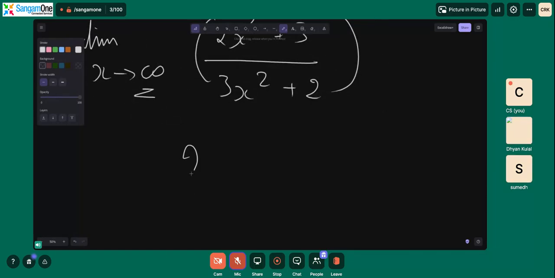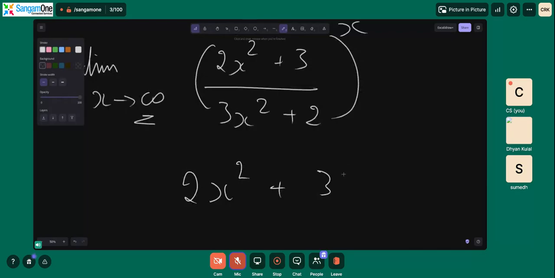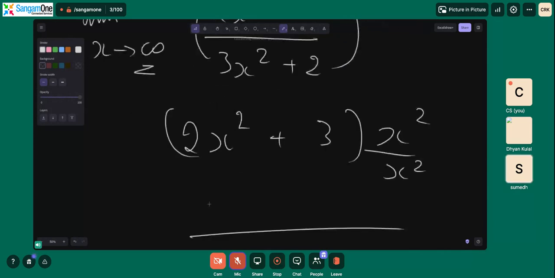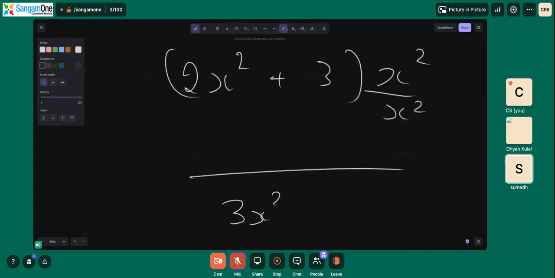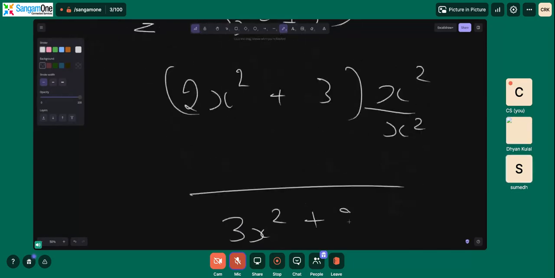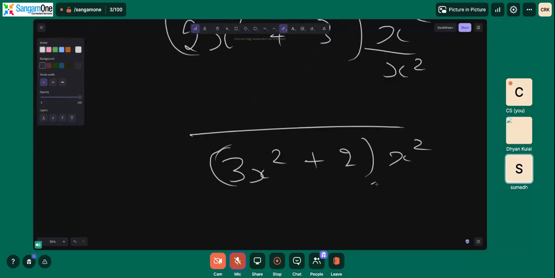So what will happen? 2x square plus 3 is multiplied by x square by x square. Just look at the equation, what I'm doing here. I'm just trying to avoid getting infinity again with the same error.